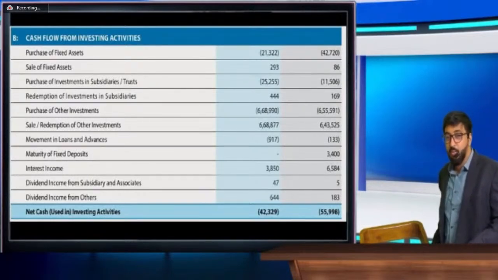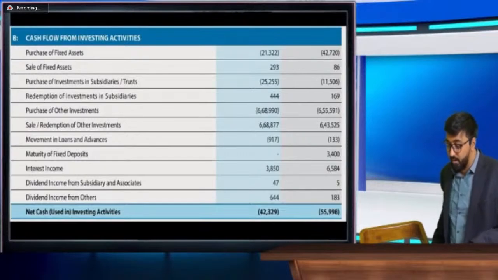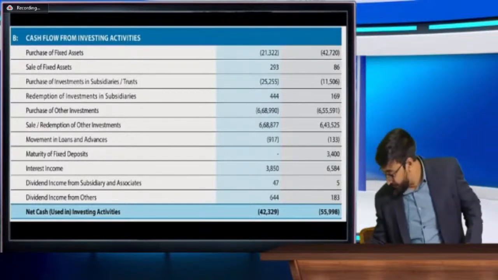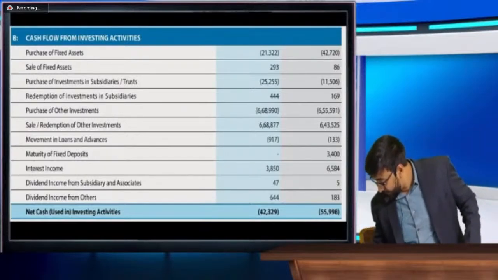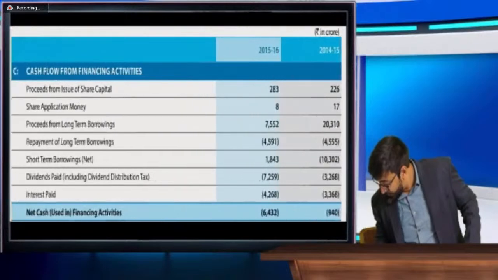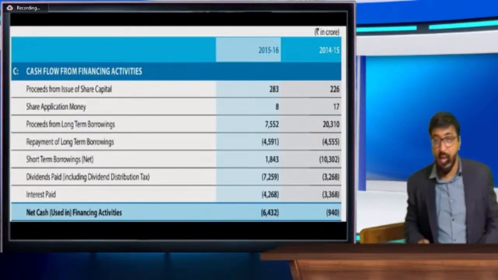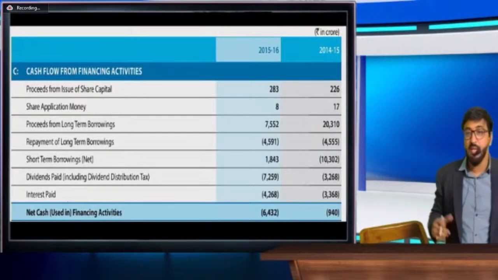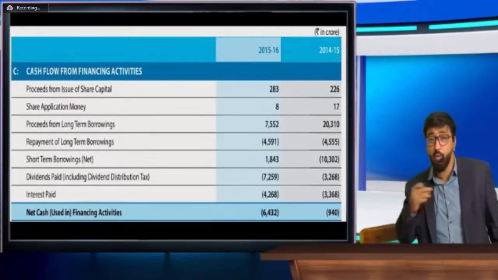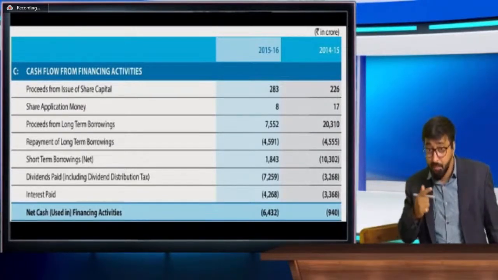Dividend income from others we have to see, that is the investing activity. Proceeds from issue of share capital, application money, long-term borrowings, prepayment of loan, short-term borrowings, dividend paid, interest paid.